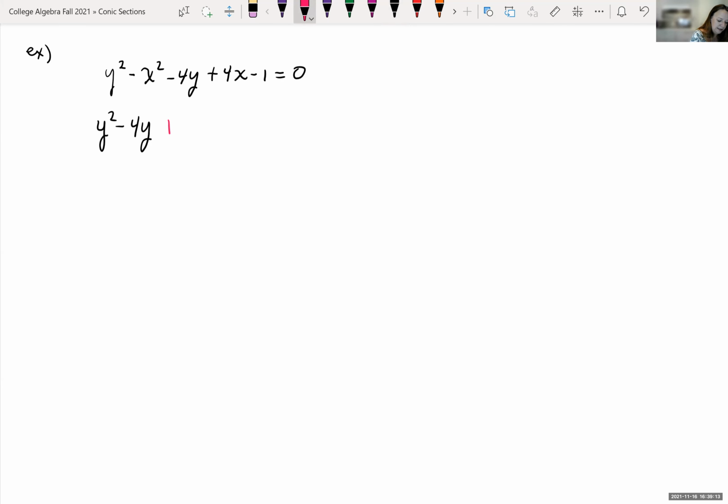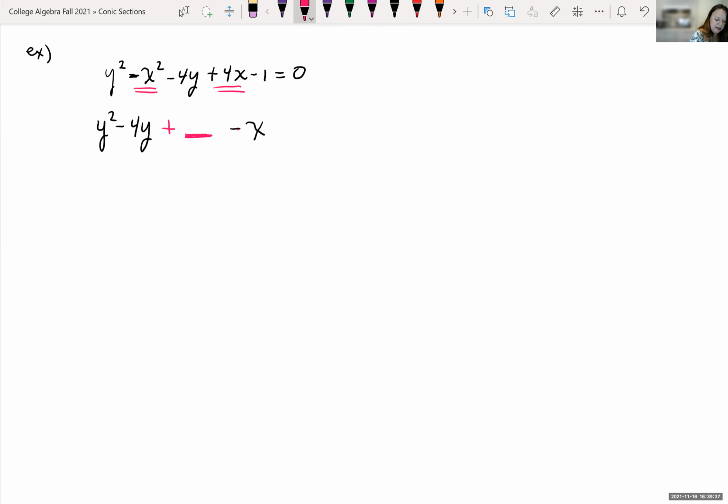So we're going to add something in here to make that a perfect square. Just regrouping things, in order to complete the square, I don't want that negative 1 in front of the x squared, so we're going to factor the negative out of these x terms.